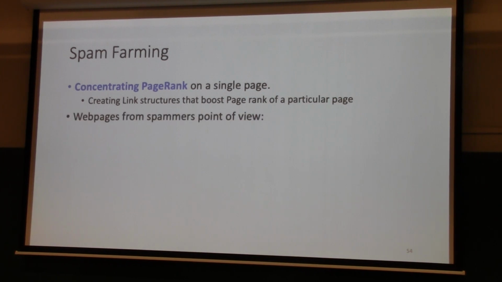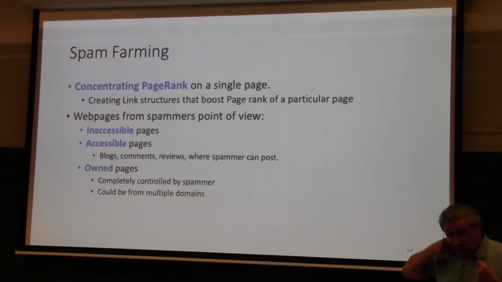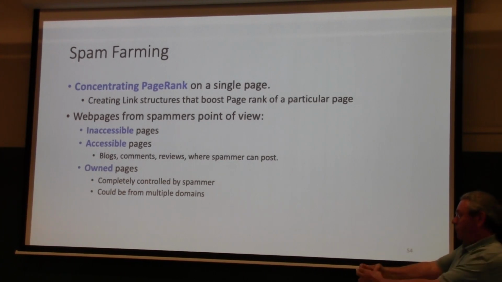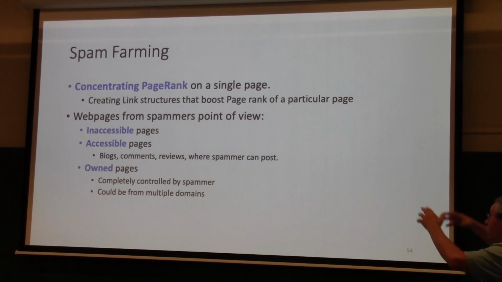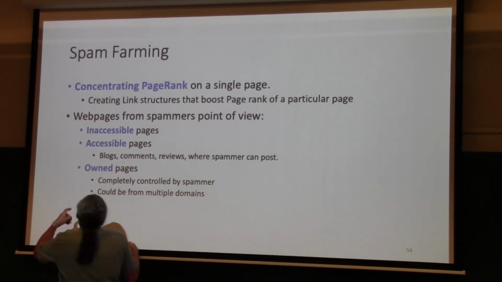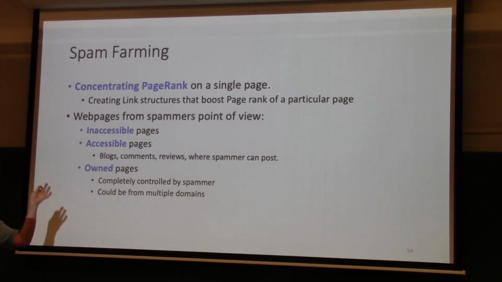So I'll show you the technique. Basically it works like this. There's three kinds of pages. Let's say I'm a spammer. I want to cheat. I want to increase the PageRank of some page. So I look at the web, and there's three kinds of pages from my point of view. There's inaccessible pages. That's pages owned by other people.